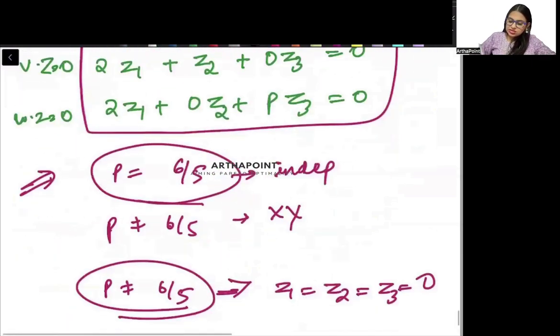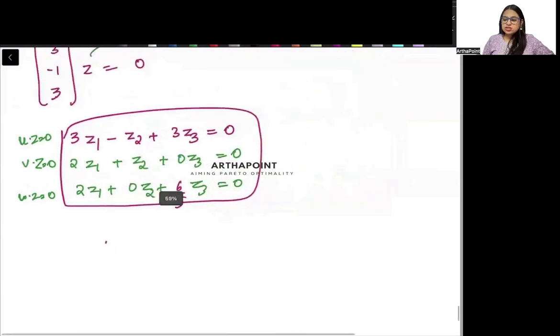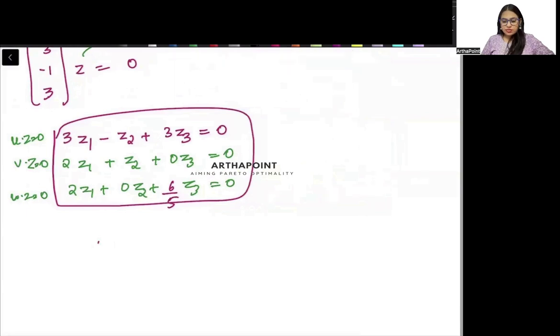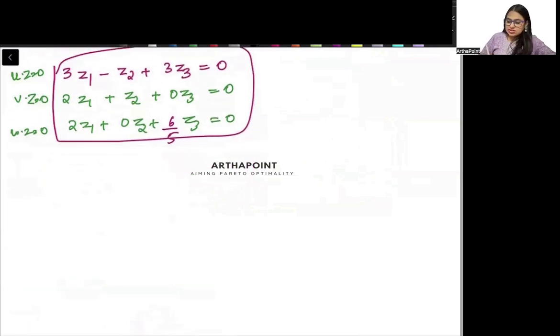So now what we can do is, instead of P, I can just put 6 by 5 here. And I can try to solve the 3 equations simultaneously. To solve these 3 equations simultaneously, I can begin by assuming that let Z3 be some k.